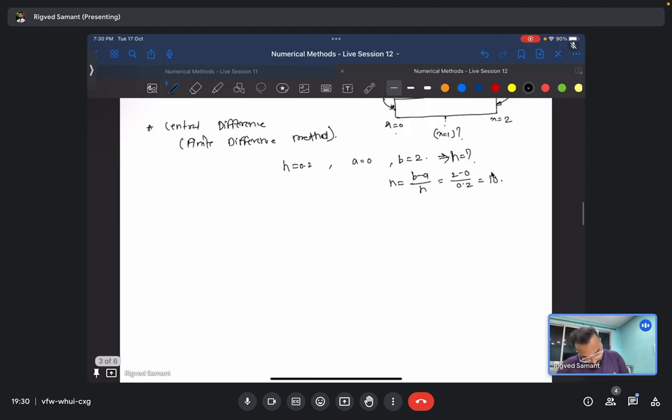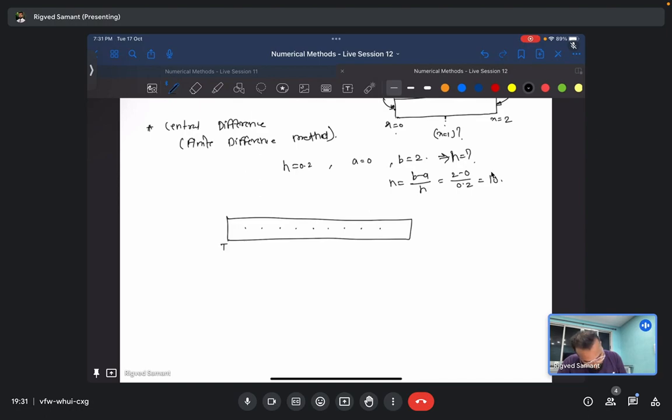So let us say we divide this into 10 intervals. So we have 10 intervals, right? If we start numbering, let's say we start from 1 here.